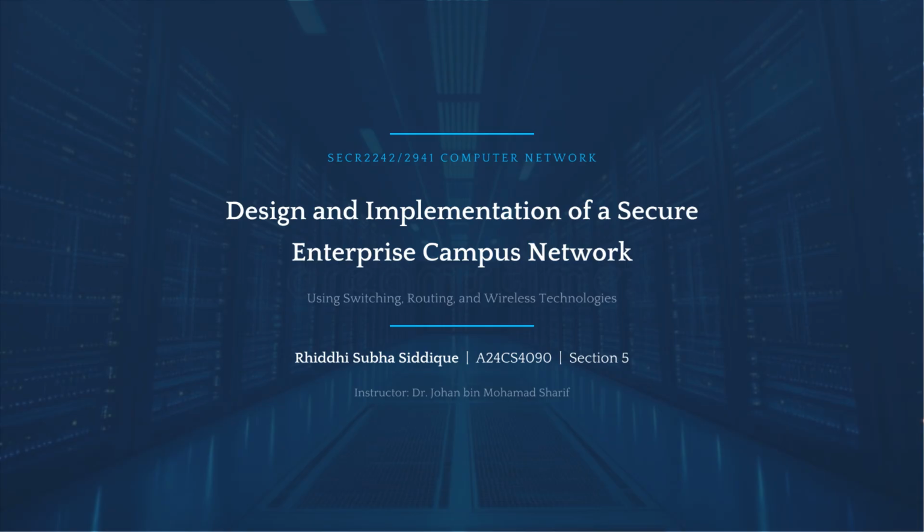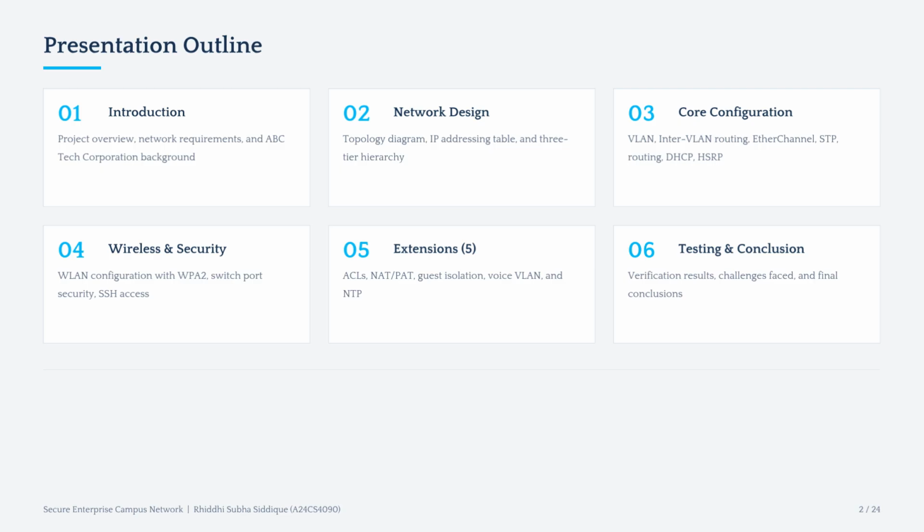This project focuses on designing a secure and scalable enterprise network for ABC Tech Corporation, including VLAN segmentation, routing, wireless access, redundancy, and security mechanisms. This presentation is divided into 6 sections: introduction, network design, core configuration, wireless and security, project extension, and finally, testing with conclusion.